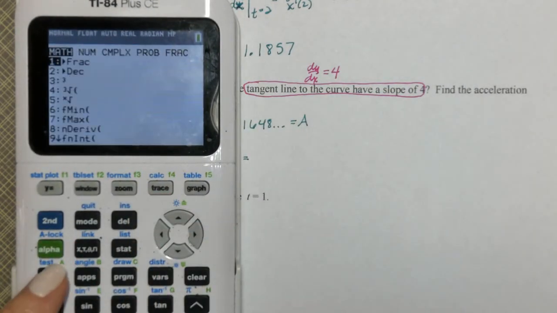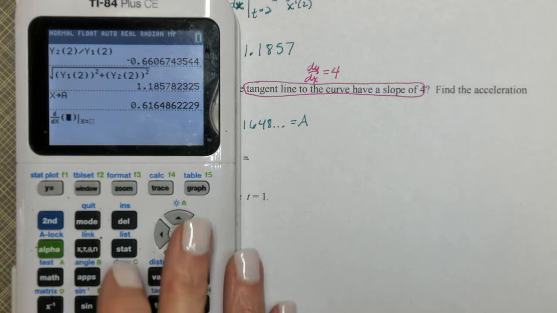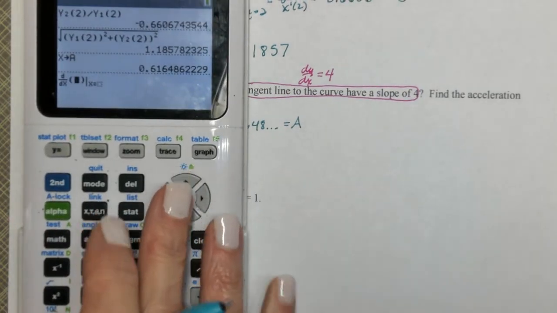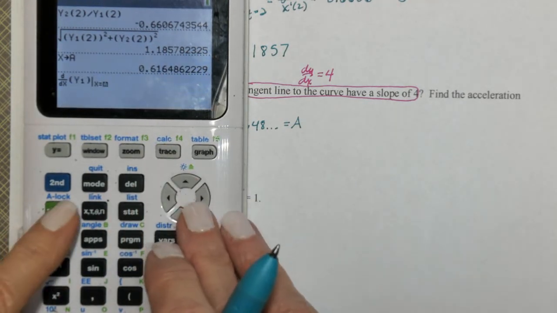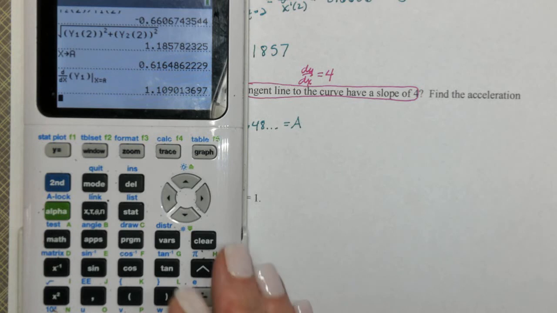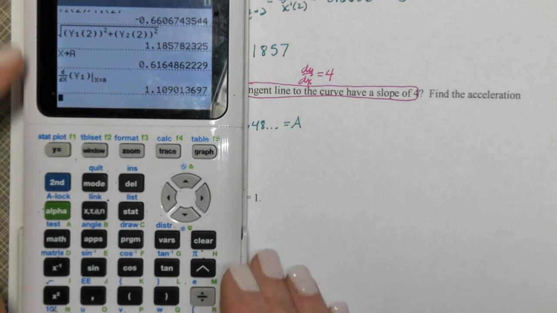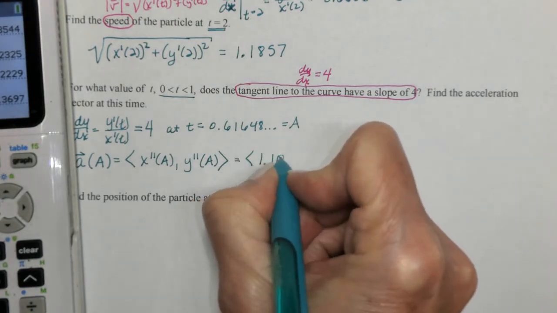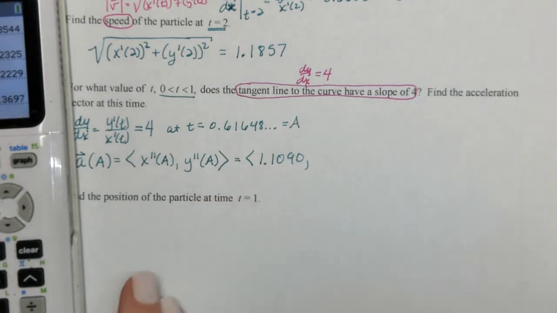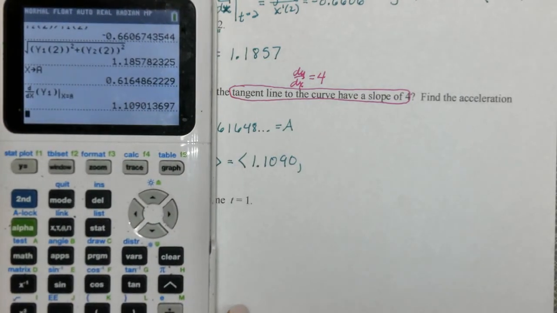So, math 8 for derivative with respect to x of y1 at that time a is 1.109. Give at least 3 places after the decimal point.